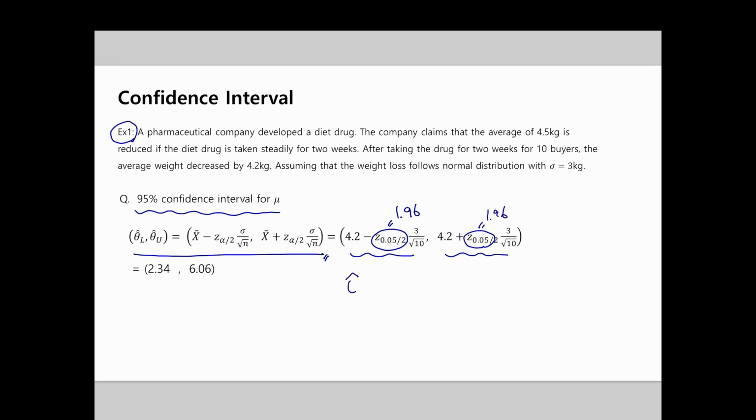So the lower bound estimate is 2.34. Upper bound estimate is plus.